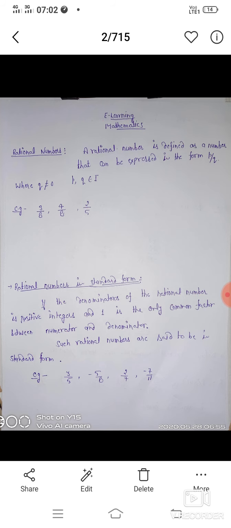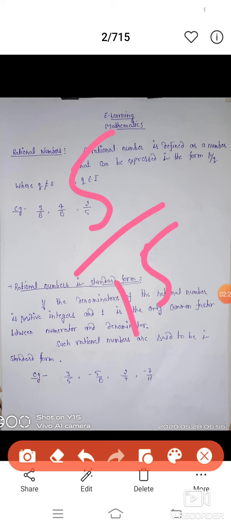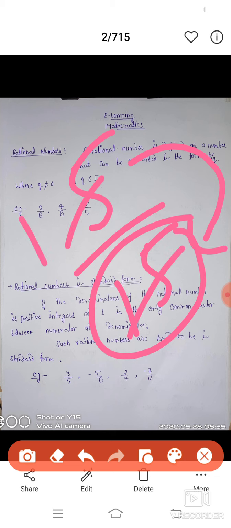For example, 5 upon 15, this rational number is not in standard form, because the first condition is that the denominator is in positive form. Here you can see that the denominator is in positive form, but the common factor between 5 and 15 is not 1. 5 ones are 5, 5 threes are 15.